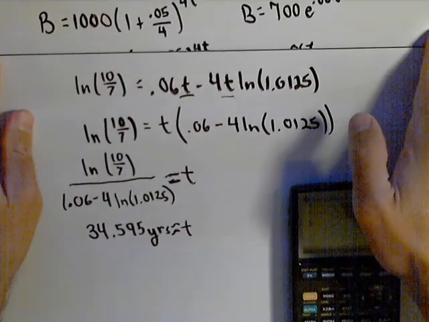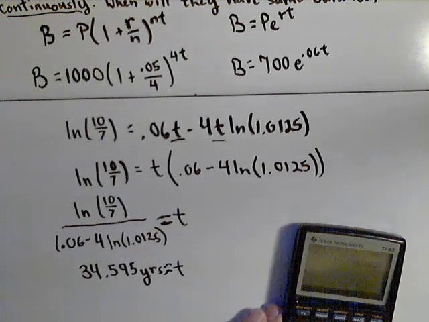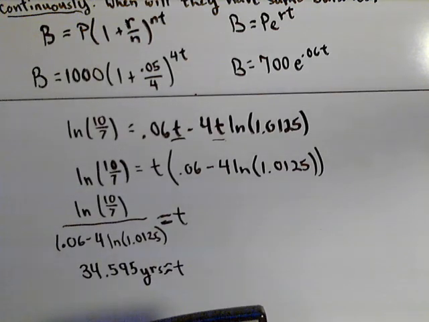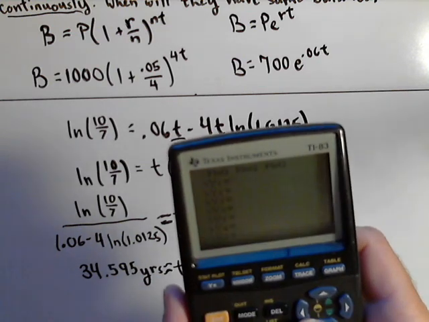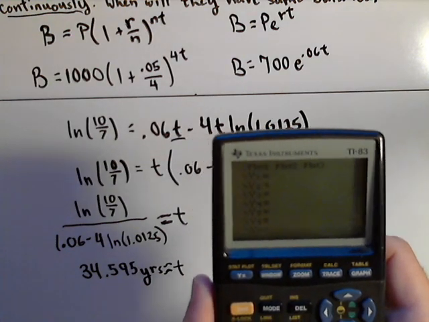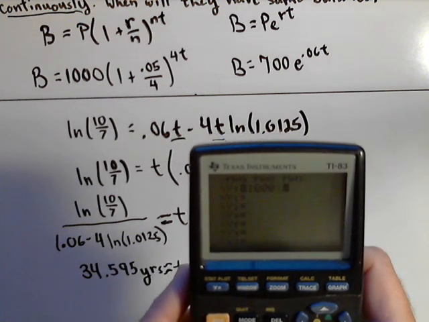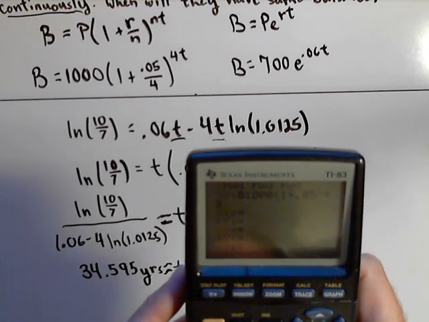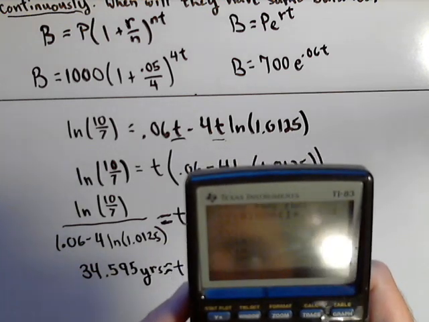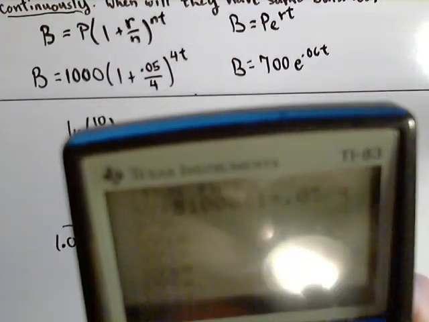So what I want to go back to are our two equations, and let's see how our answers match up. What we're going to do is in our y equals, we'll clear out anything that's in there, and we're going to put each of those in as a graph. So I'm going to put 1000 times (1 plus 0.05 divided by 4) raised to the x.